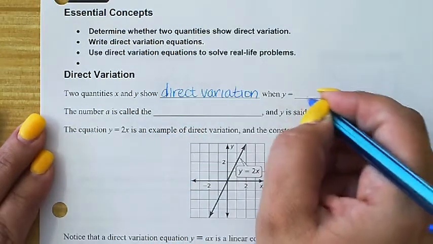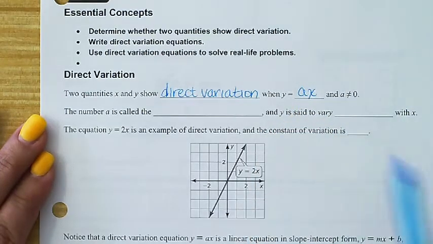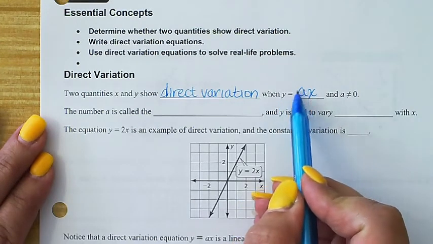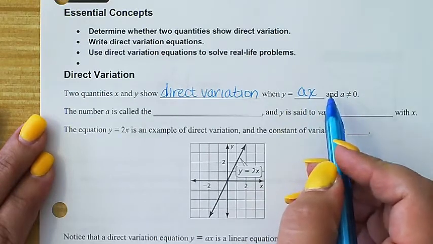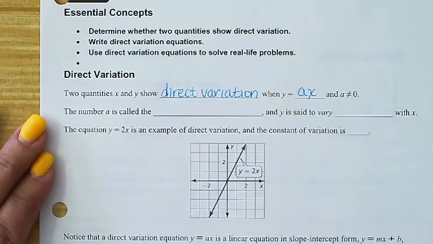when y is equal to just a times x. So when your y output, when it's isolated, is equal to some constant times x, and there's nothing next to that. Okay? And so the value of a, that's what we call the constant of variation. You probably called it constant of proportionality in the middle school years.